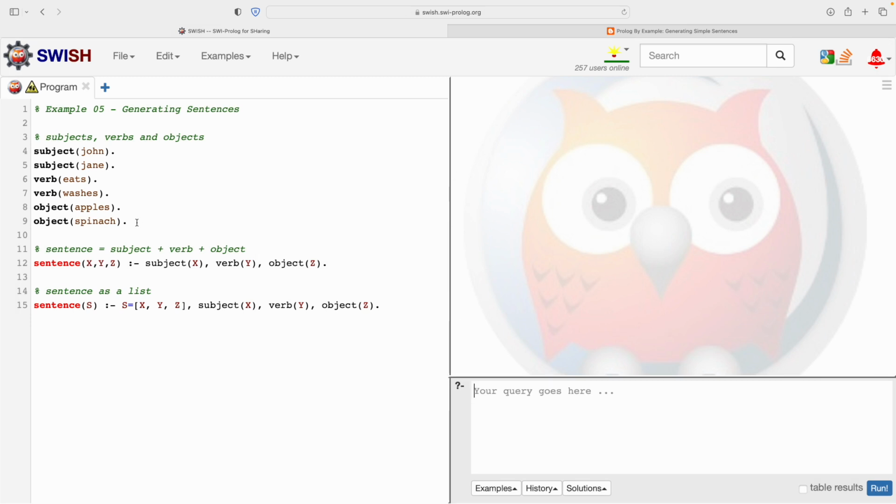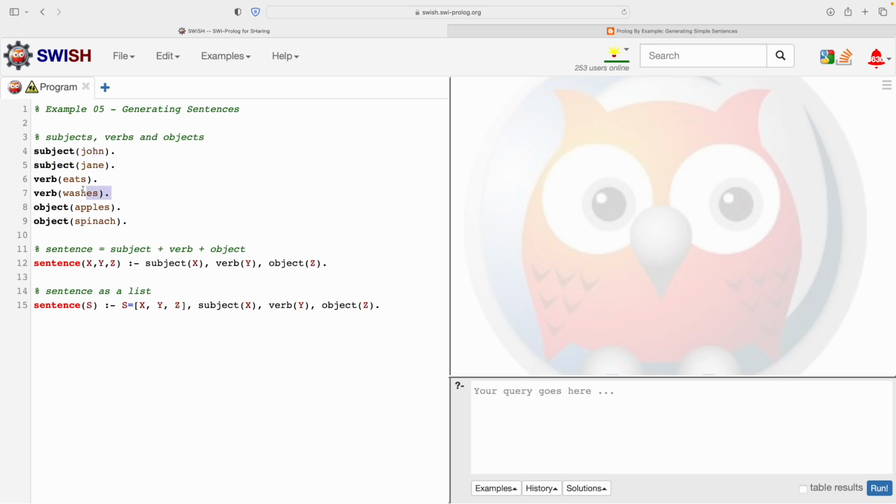So let's look at our sample example program, which is number 5 in our series. We start off with what should be quite familiar. We've got properties and we've got things. So the first two, we can see that there are things called John and Jane, and they have a property called subject.